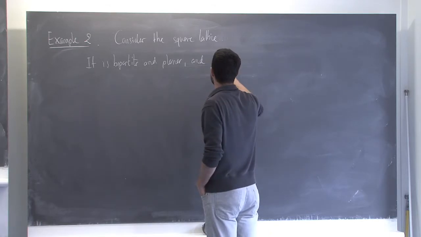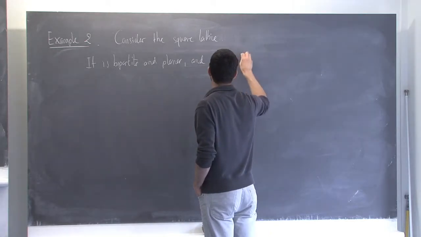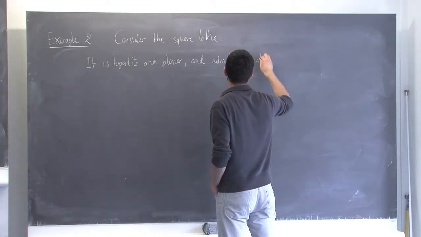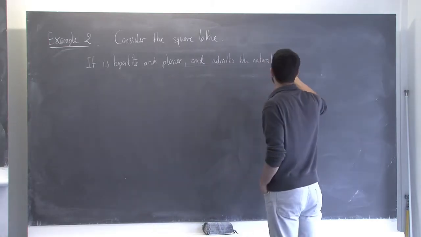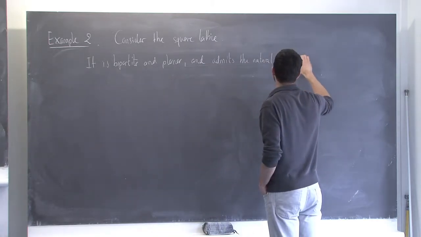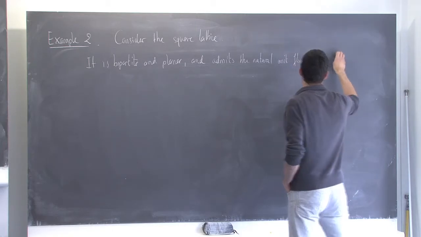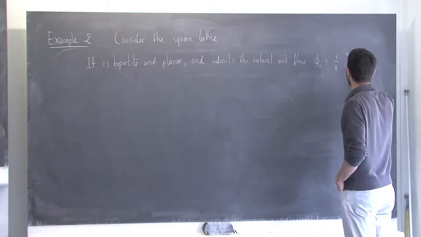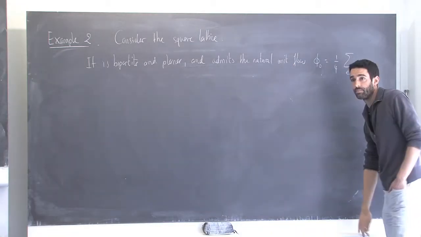And it admits the canonical or the natural unit flow phi 0 equal 1/4 sum of all the edges.